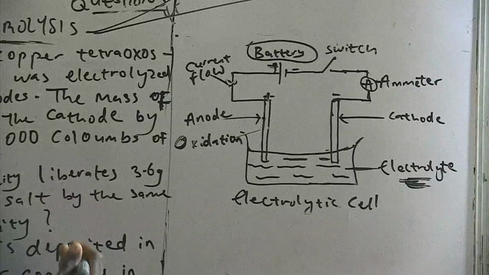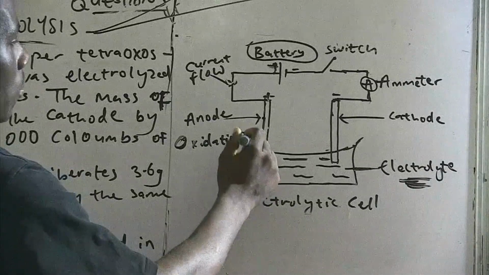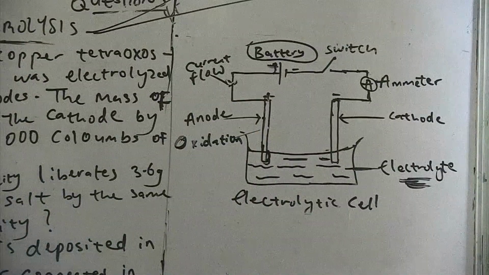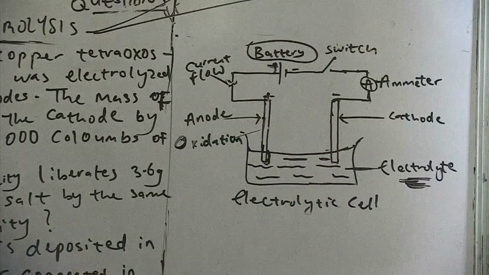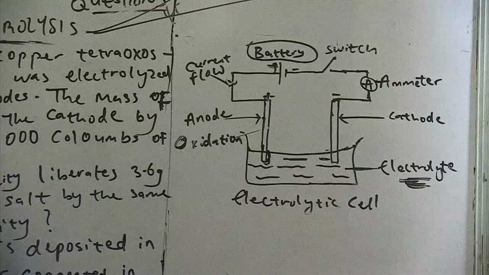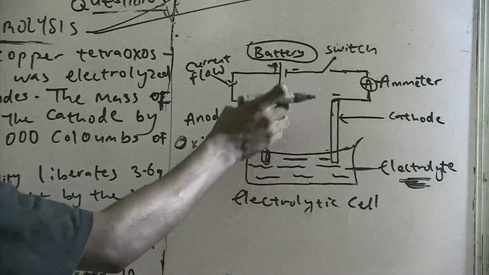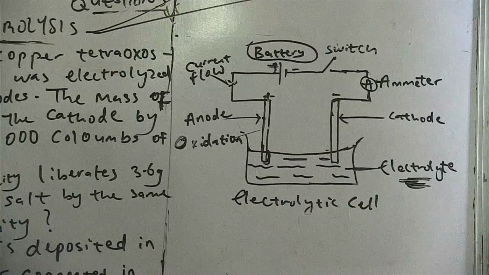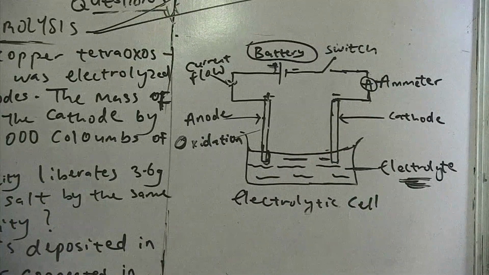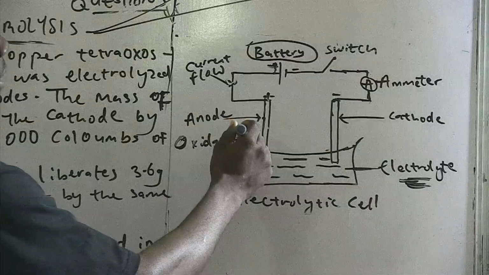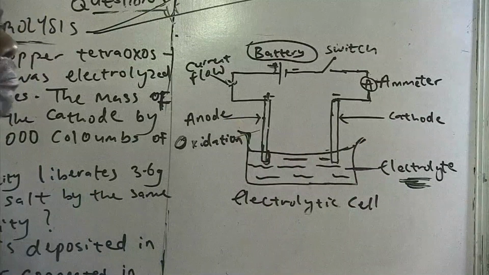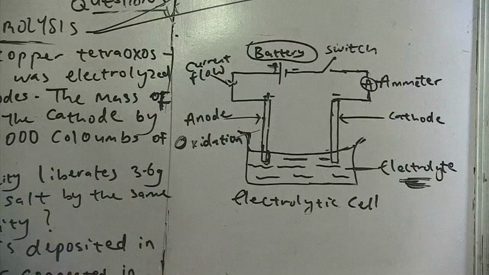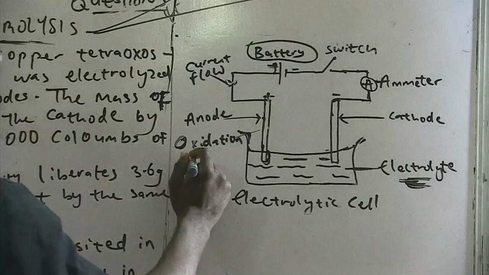Remember, I told you that electrons leave the electrolyte through the anode. When current is passed through this electrolyte, the ions that are dissociated in the electrolyte migrate. The anions migrate to the anode, and from there they lose electrons, so it's called oxidation.